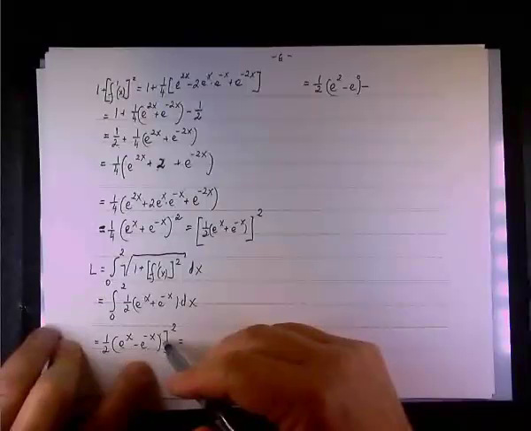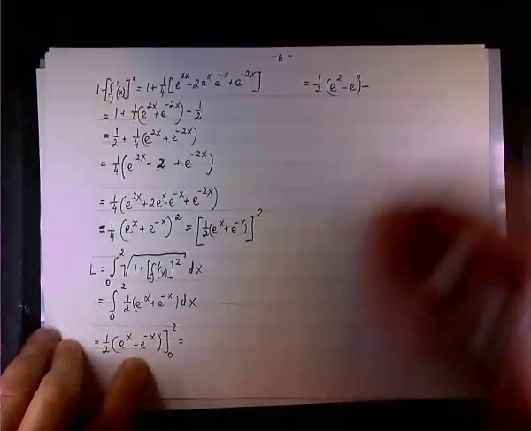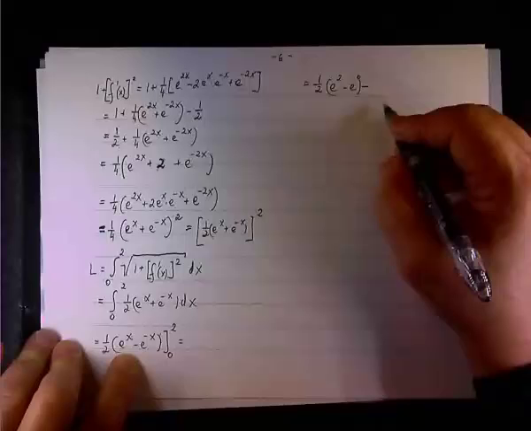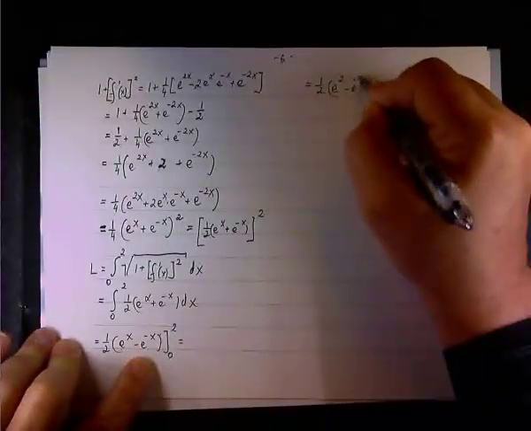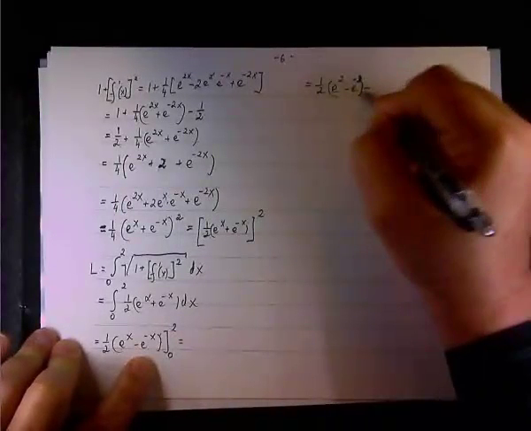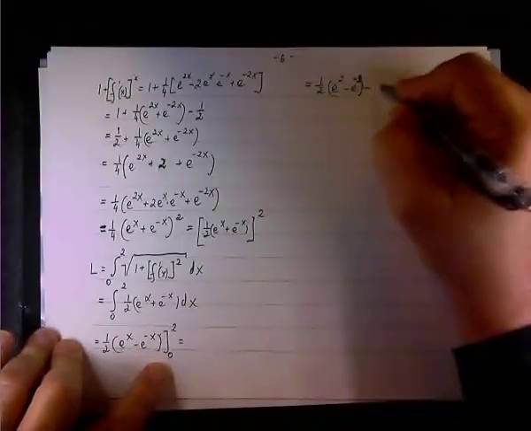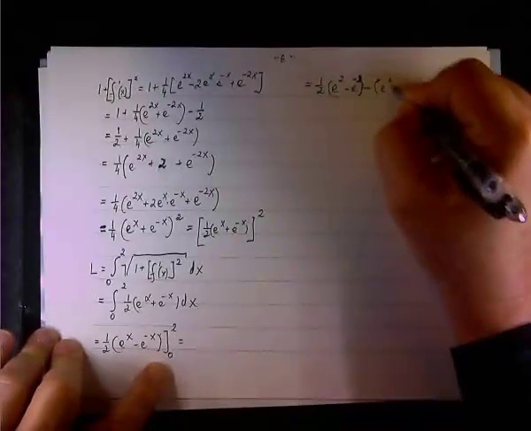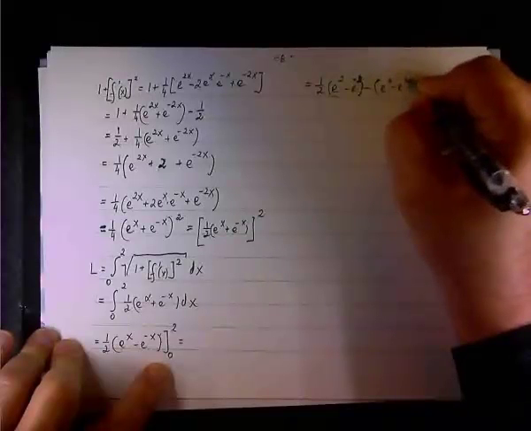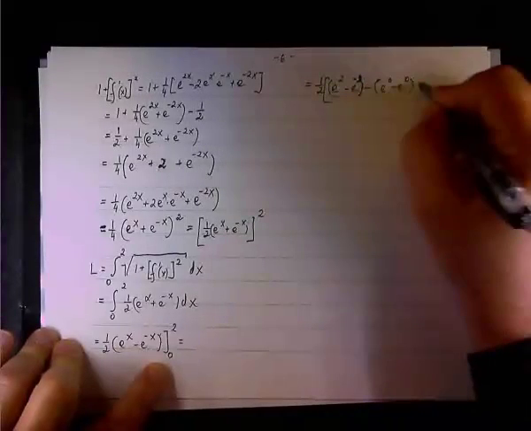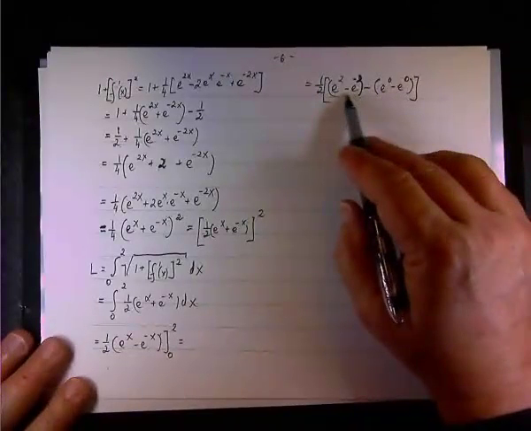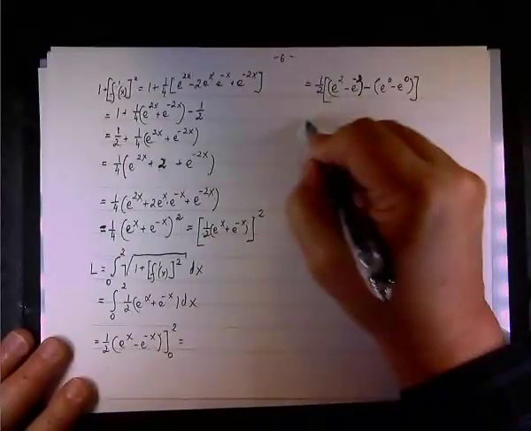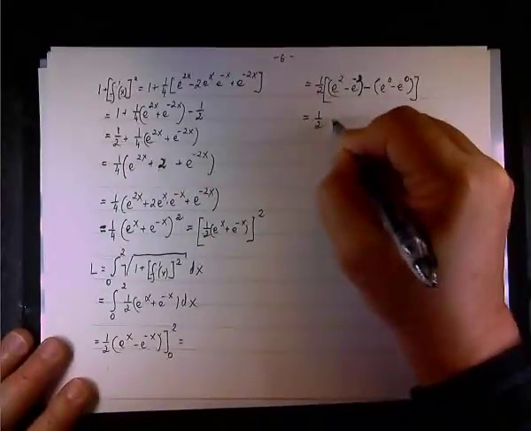Okay? And we have 1/2 (e squared minus e to the 0, right?) minus, let's do it this way, e squared minus e to the negative 2, and then we apply the 0: minus e to the 0 minus e to the negative 0, or e to the 0, like so.